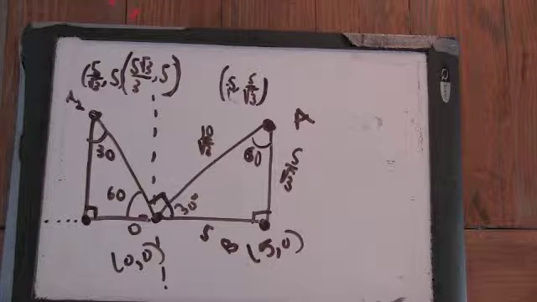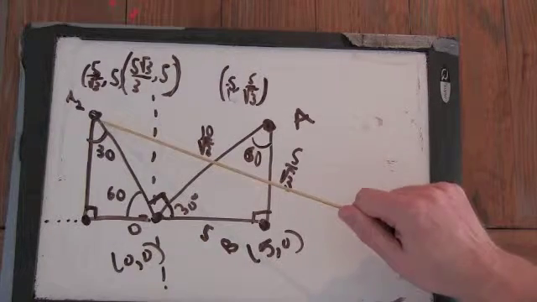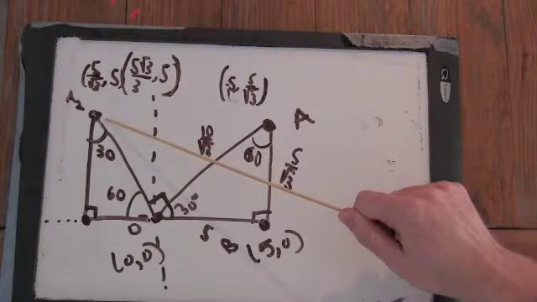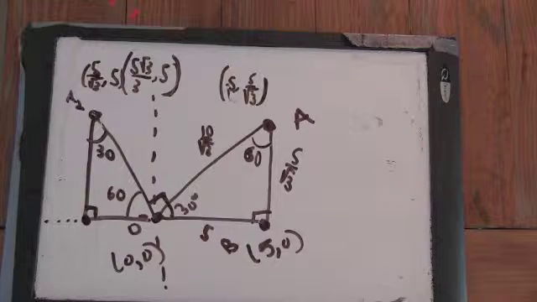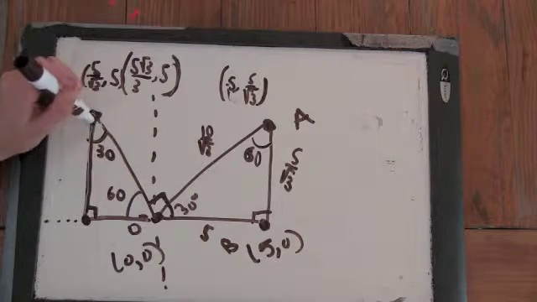But is that the right choice? What do you think? Is this point here the point 5 root 3 over 3, comma 5? Well, I kind of thought it was the same distance up.